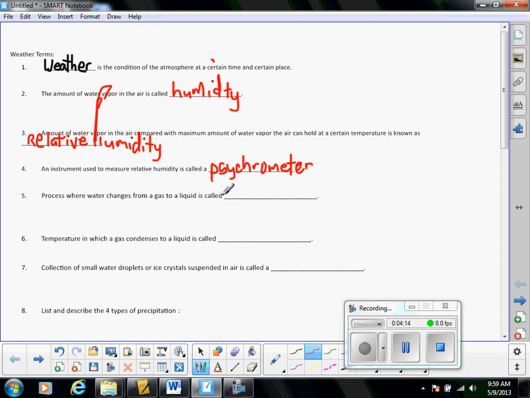All right, let's talk about some general terms that you probably already know. Now, the process where water changes from a gas to a liquid is called evaporation. So think back to the water cycle.